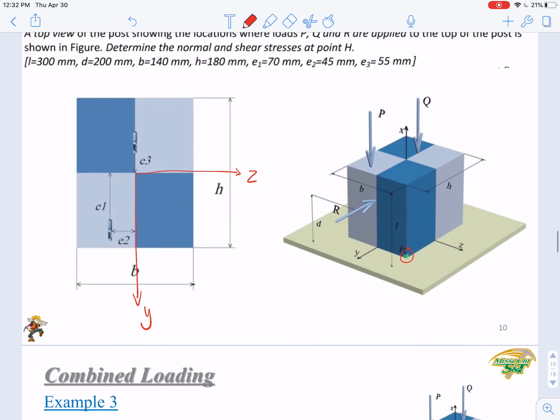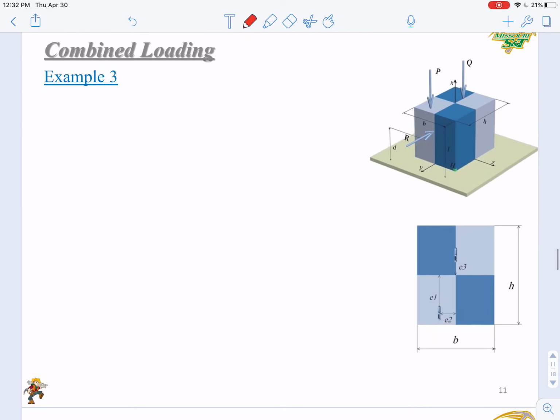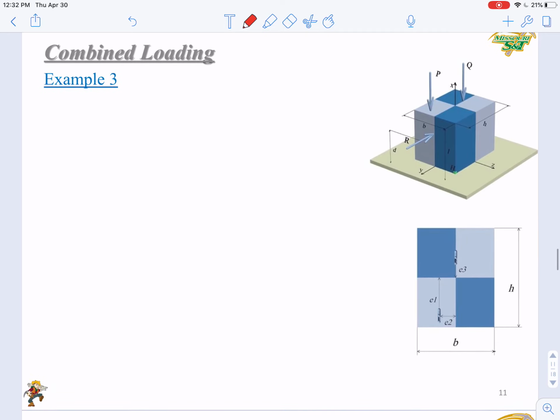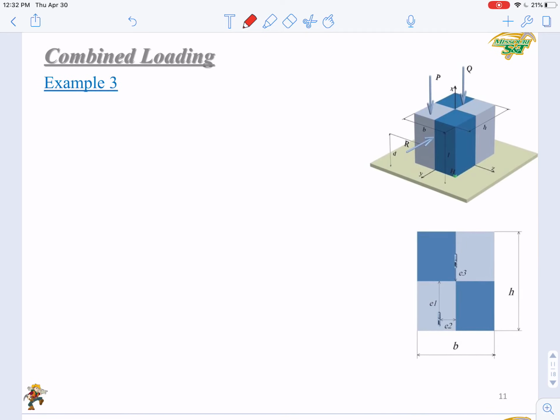Okay, let's draw it here. So you will get a y-axis, z-axis here. Right. So your point Q, the force Q is applied here.